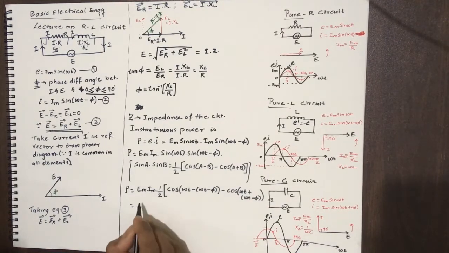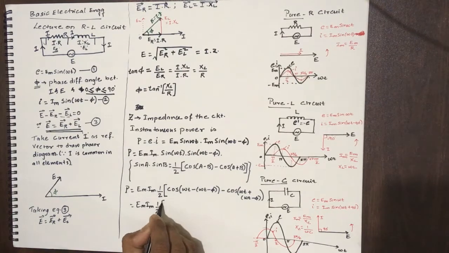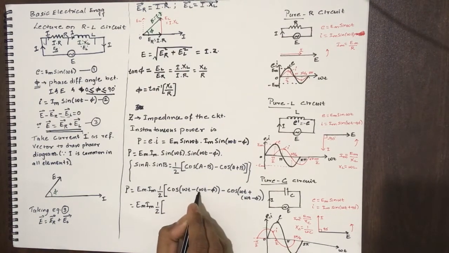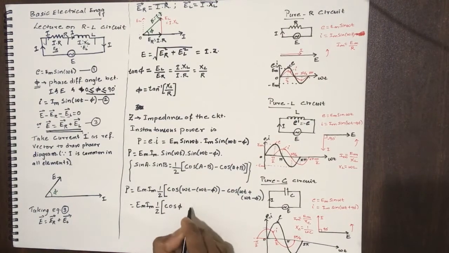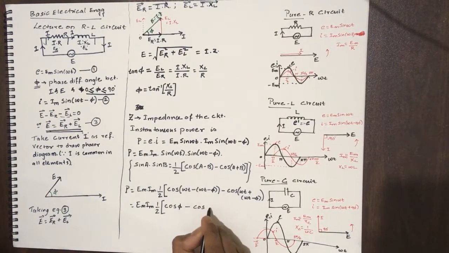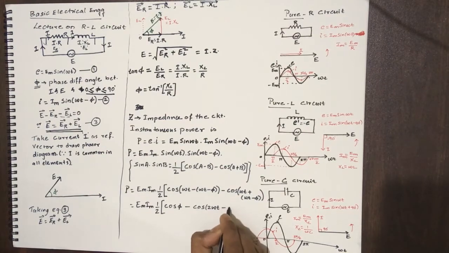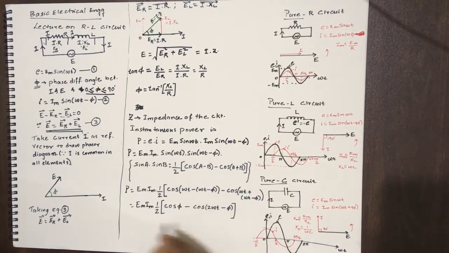So I will write it as Em Im into half, cos of omega t minus omega t, which is cos phi, minus cos of 2 omega t minus phi.